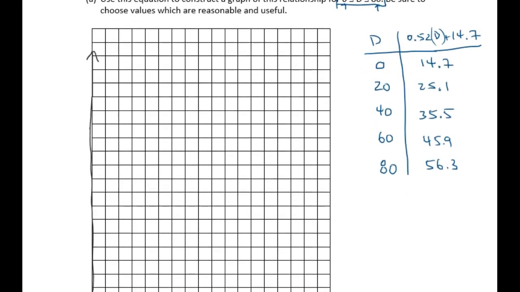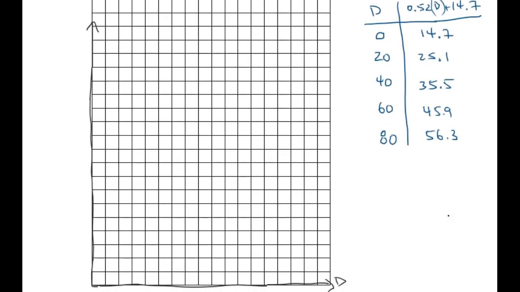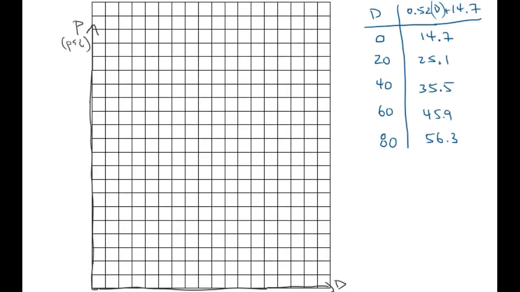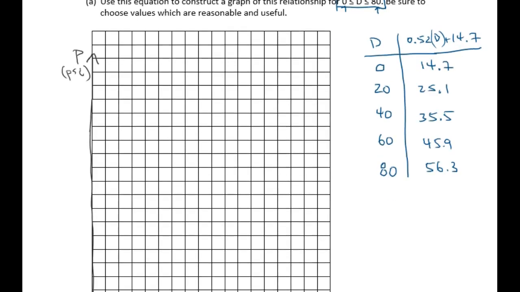We basically need to come up with our scale. That's my D along the bottom. This is my P value in pounds per square inch on the top here. And my depth was in feet.